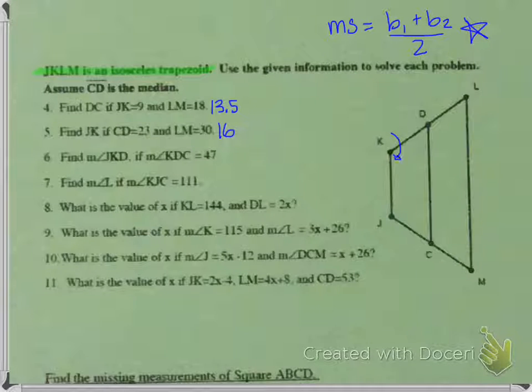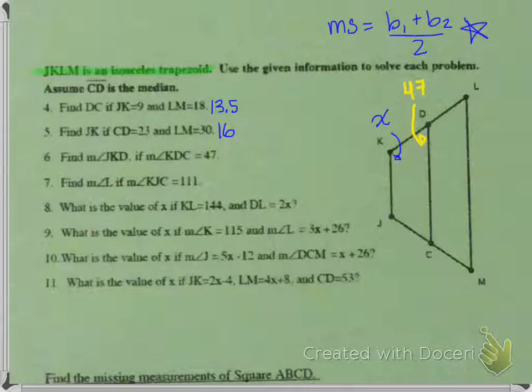This angle right here is going to be the one we're trying to find. Okay, then it gives us KDC. Let's look at where KDC is. KDC, which is this one. Okay. Alright, that one is going to be 47.